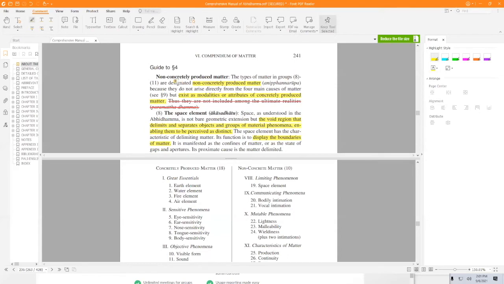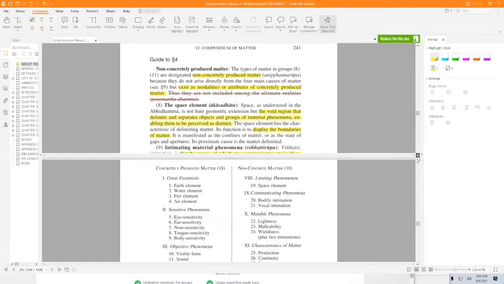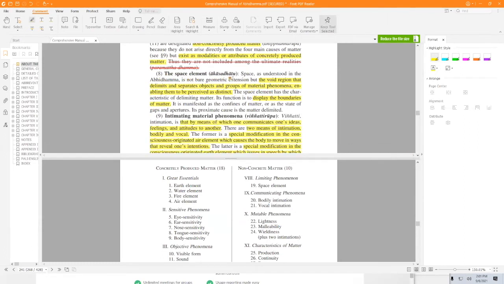Okay, so these types are designated non-concretely produced matter because they do not arise directly from the four main causes, but exist as attributes or modes of the concretely produced matter. One here is the space element.